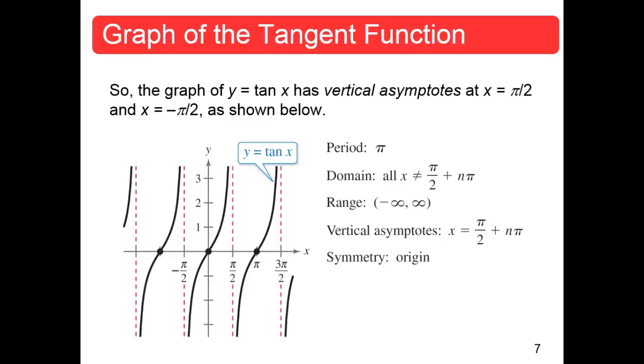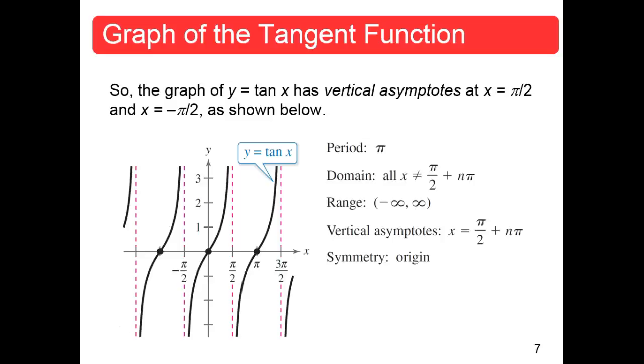Remember the sine convention? Positive there, negative there. It repeats every pi, not every 2 pi. So tangent and cotangent repeat, their period is every pi.